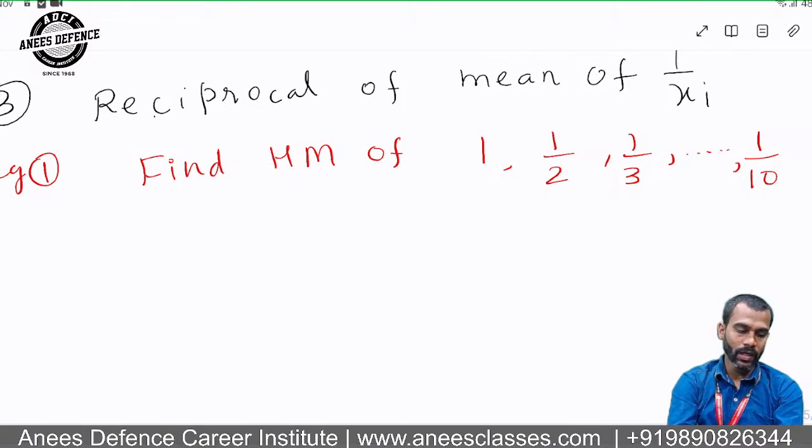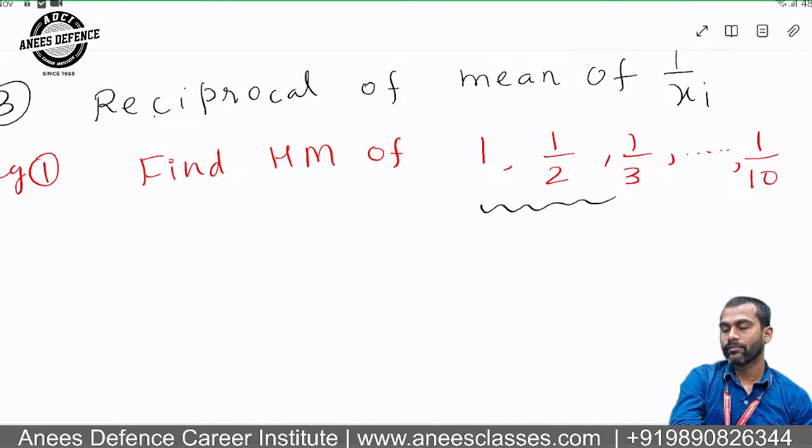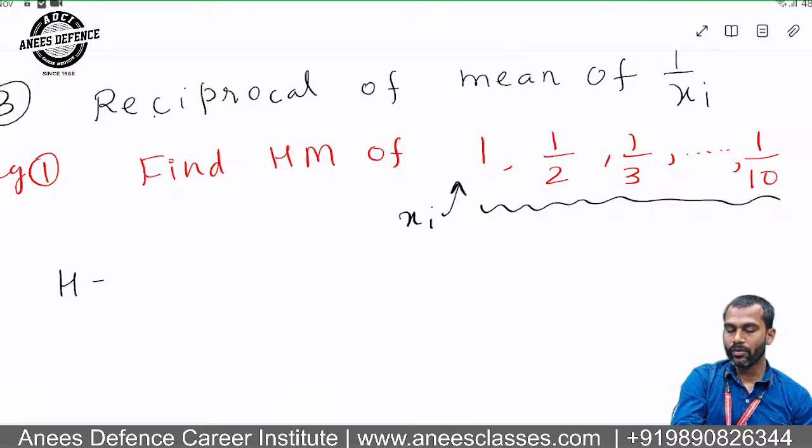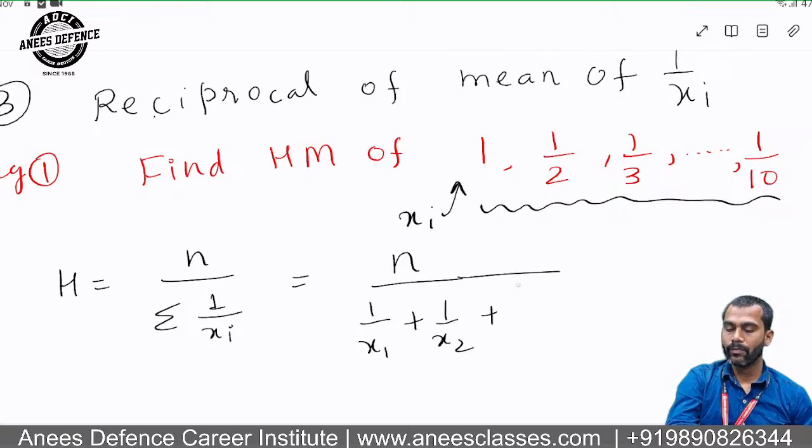Yes, online students, have you got the answer? What we have to do? What is the formula? This is our xi. So the formula is h is equal to n divided by summation 1 by xi, which can be written as n divided by 1 by x1 plus 1 by x2 plus 1 by x3 up till 1 by xn.